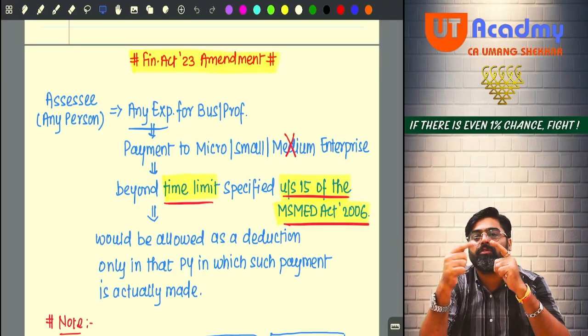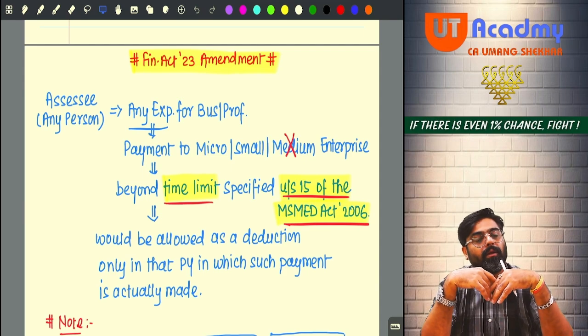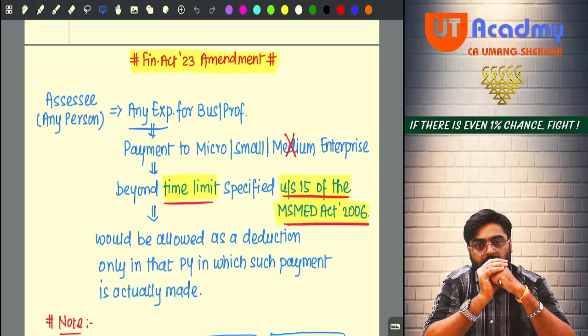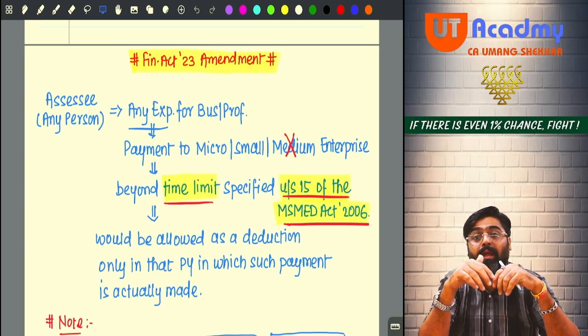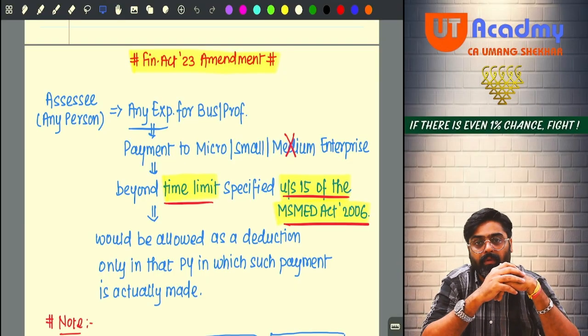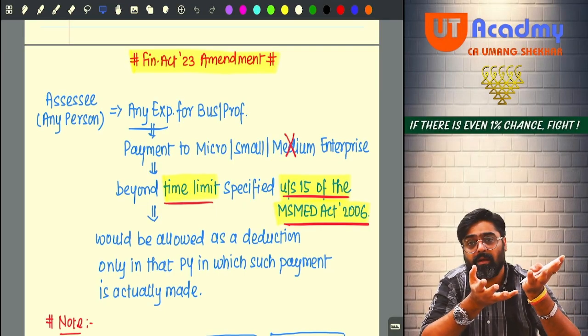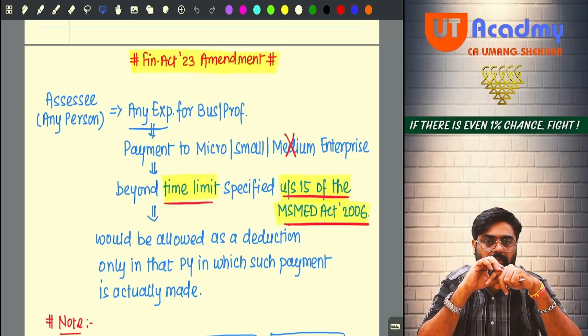Because see, in the business environment in India, many large companies, huge companies, sometimes take wrong advantage of micro, small and medium enterprises when it comes to making payments to them. Majority of large enterprises take huge advantage of these small enterprises.